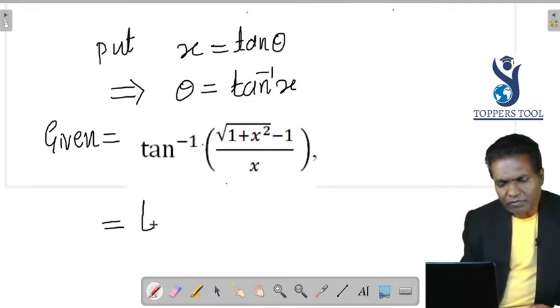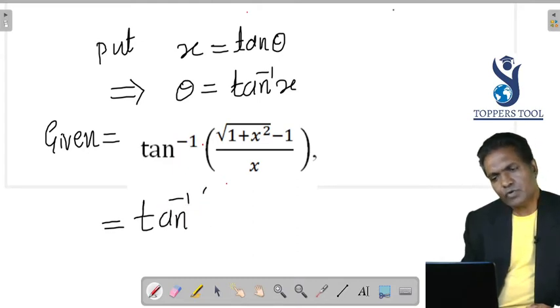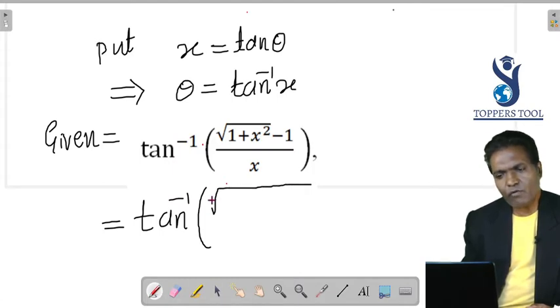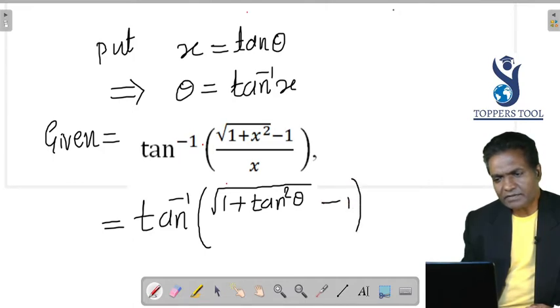Tan inverse of square root of, 1 plus x square means 1 plus tan square theta, and this minus 1 as it is, divided by x, which means tan theta.